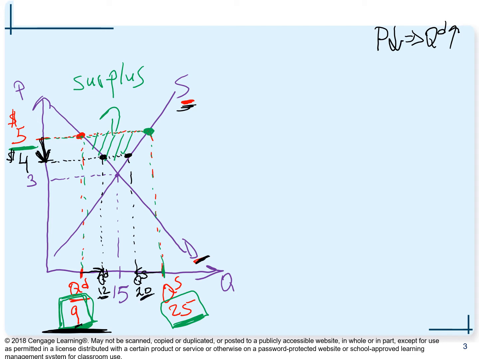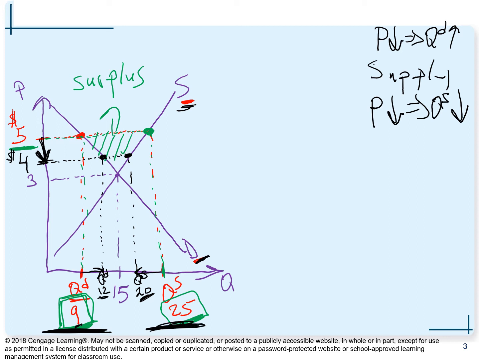Quantity supplied has actually decreased because at a lower price, sellers want to supply fewer units. Isn't it? This is exactly what the law of supply says. The law of supply says if the price of the product is decreasing, then quantity supplied is going to decrease as well. This is exactly what we observe here on the graph.